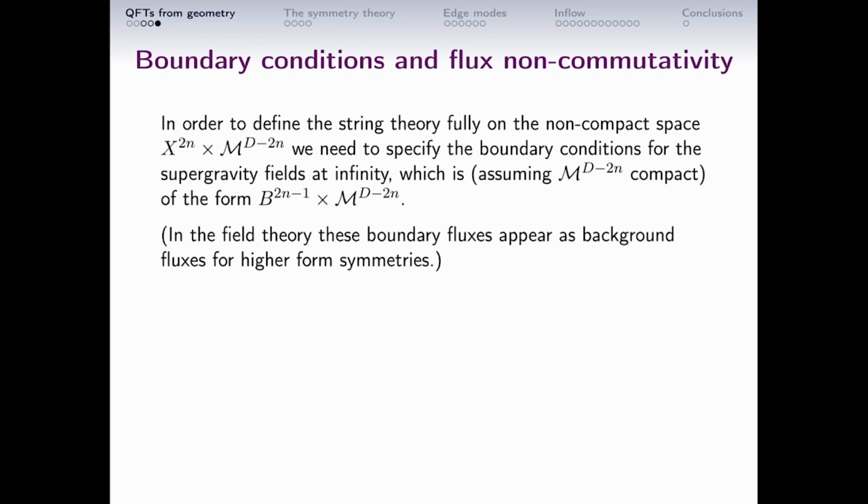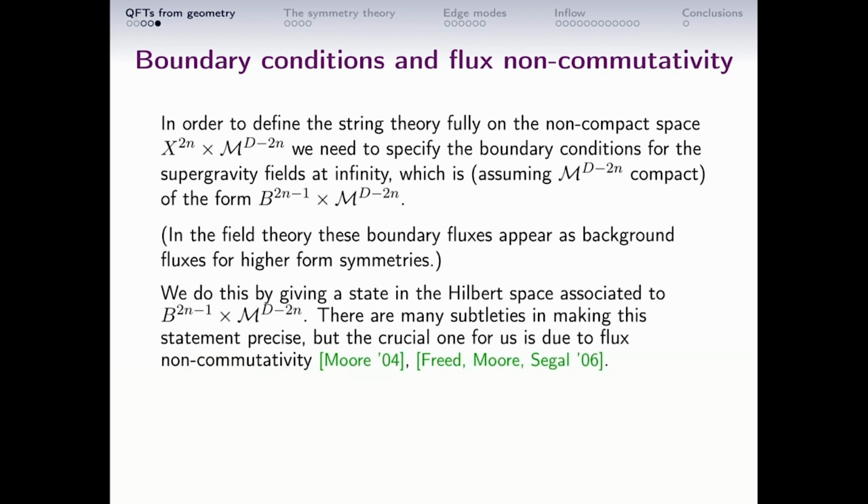The translation to field theory is that once you have fixed the supergravity fields, you are giving me backgrounds for your symmetries in the path integral of the field theory. So as usual, whenever you have a path integral in field theory, it depends on the background fields for the symmetries, and those get mapped to the supergravity fields. Okay, so in practice, how do you do this?